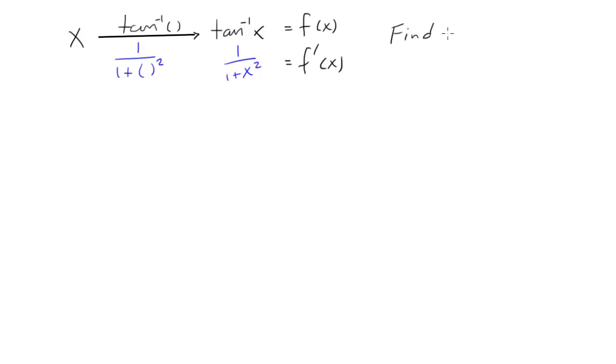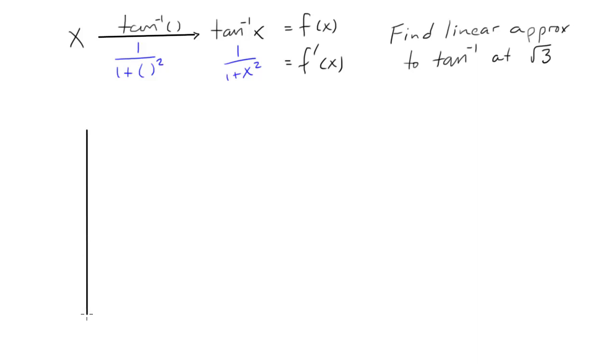So now let's do an example. I want to find the linearization of arctangent, inverse tangent, at x equals square root 3, one of my known values. Right, there's only 3 known values. Inverse tangent of square root 3 is one of them. Set up our drawing.